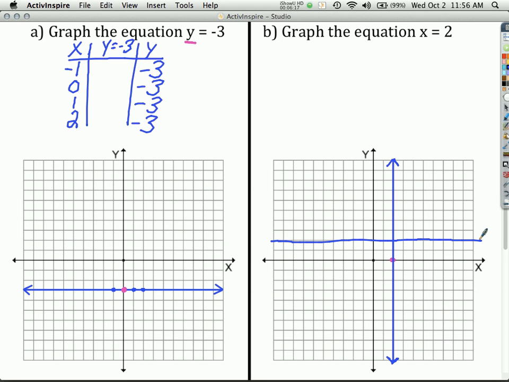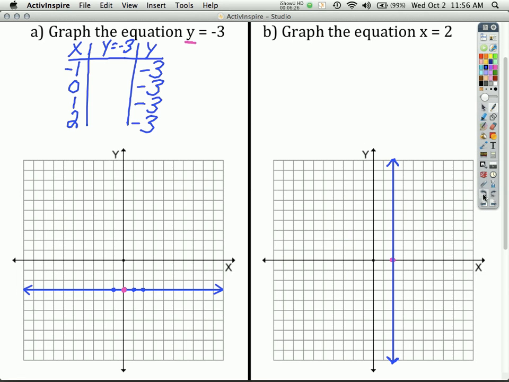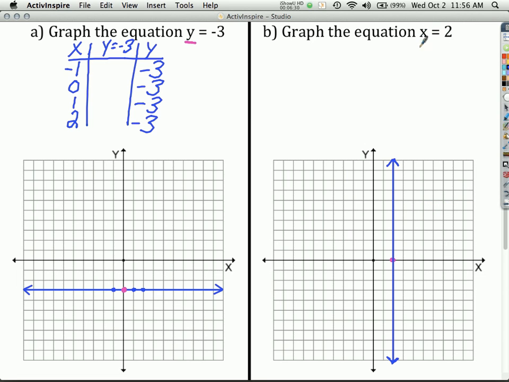But that's a mistake. Right now, you have to get it through your head somehow that it really means a line passing through 2 on the x-axis. It's passing through the 2 on the x-axis. So it has to be a vertical line.